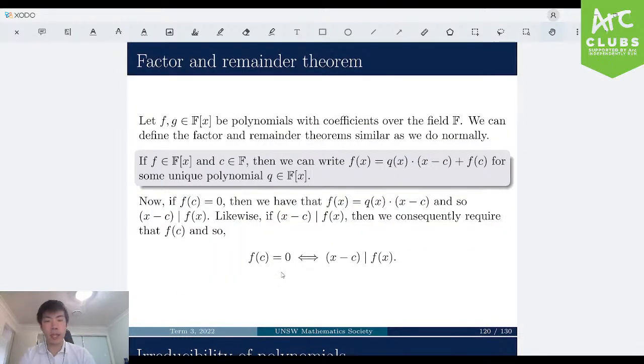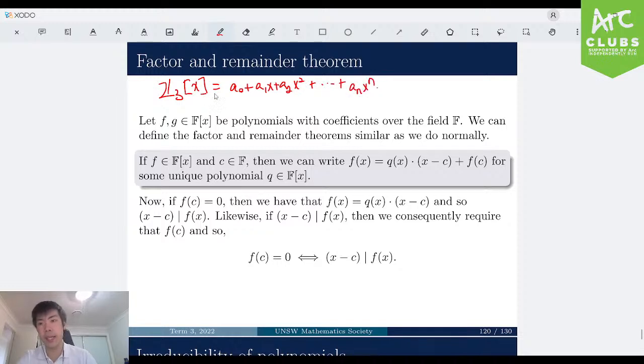Okay, now let's have a look at applying this to polynomials. Let F be a field, and then F[x]. That essentially means, for example, Z_3[x]. That just means you have a polynomial, any sort of polynomial, let's say a0 plus a1x plus a2x squared plus and so on, all the way up to anx^n.